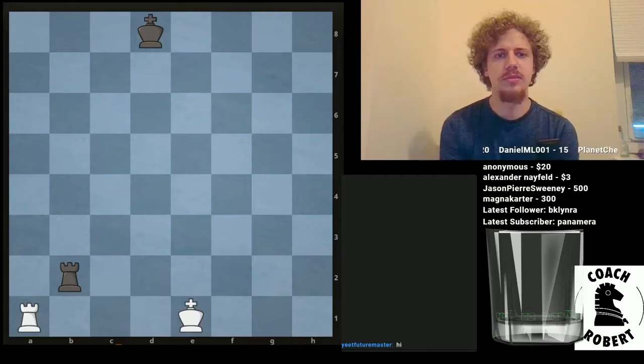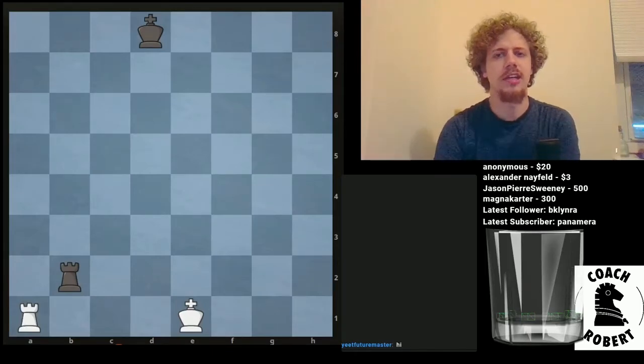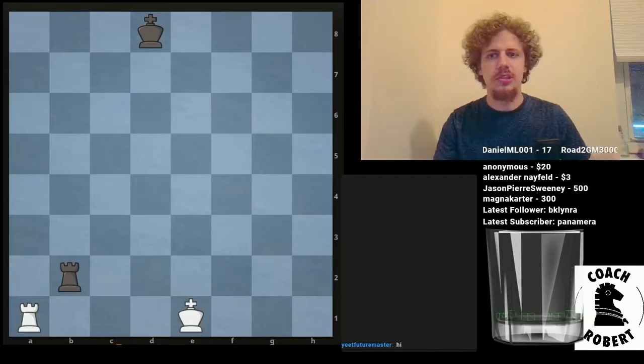But candidate moves is a technique that was probably first named by Kotov, who wrote a book with a title like Think Like a Grandmaster, which was not super amazing, but had this really neat idea about how you should calculate in a good way. So the calculation process basically has 3 steps, and I'll just put them in the chat.